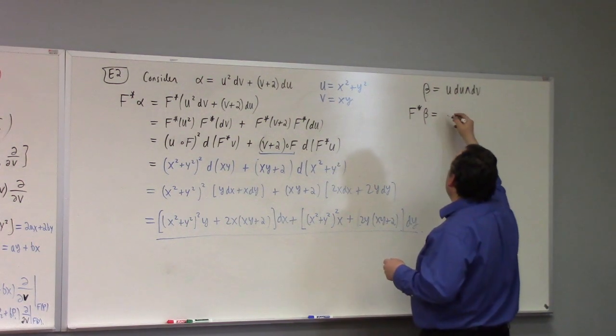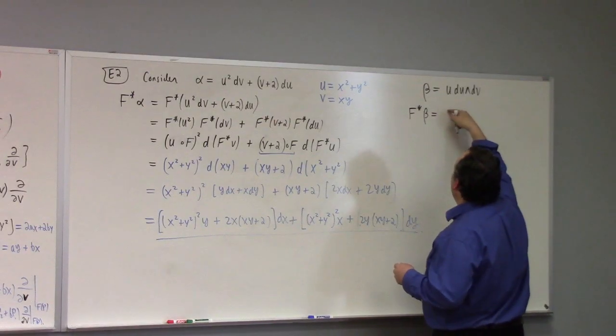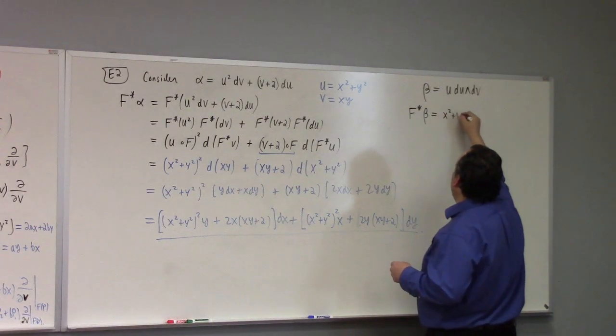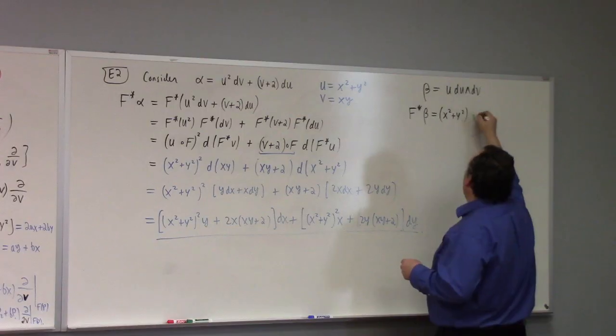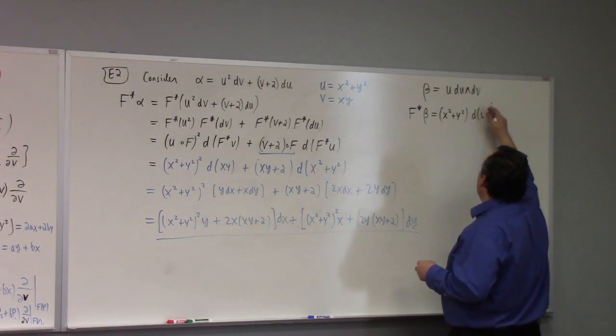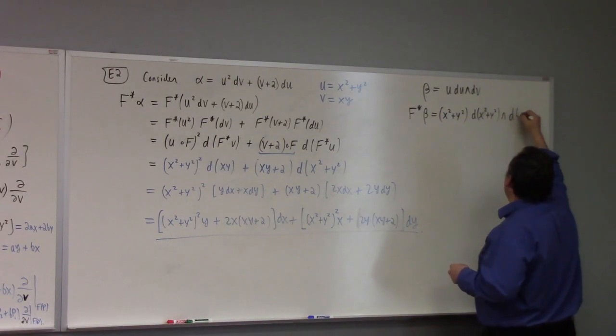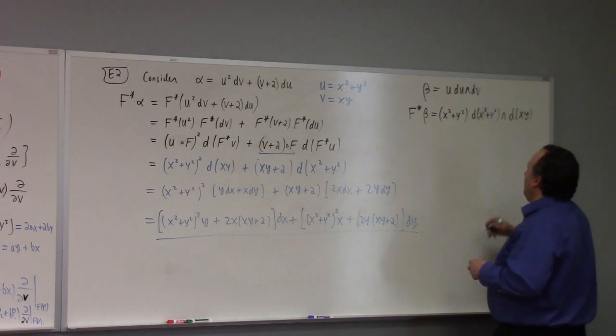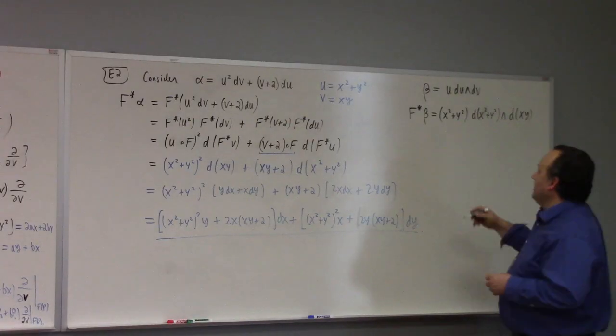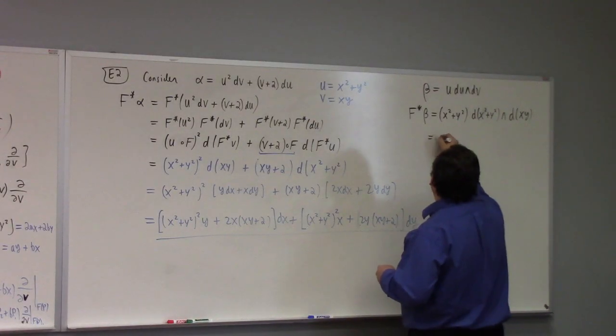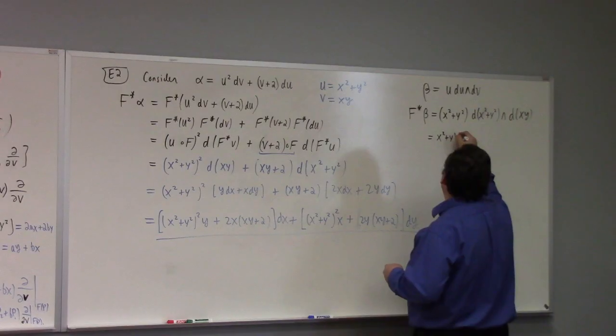So the pullback of beta, let me just get straight to it. What's u equal to? x squared plus y squared, right? And then we take the exterior derivative of x squared plus y squared, and we wedge it with the exterior derivative of xy. And this is x squared plus y squared.